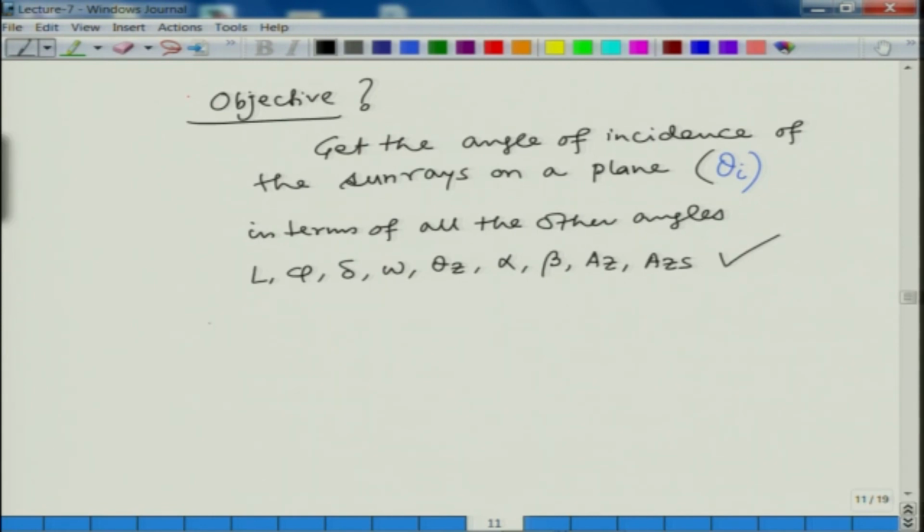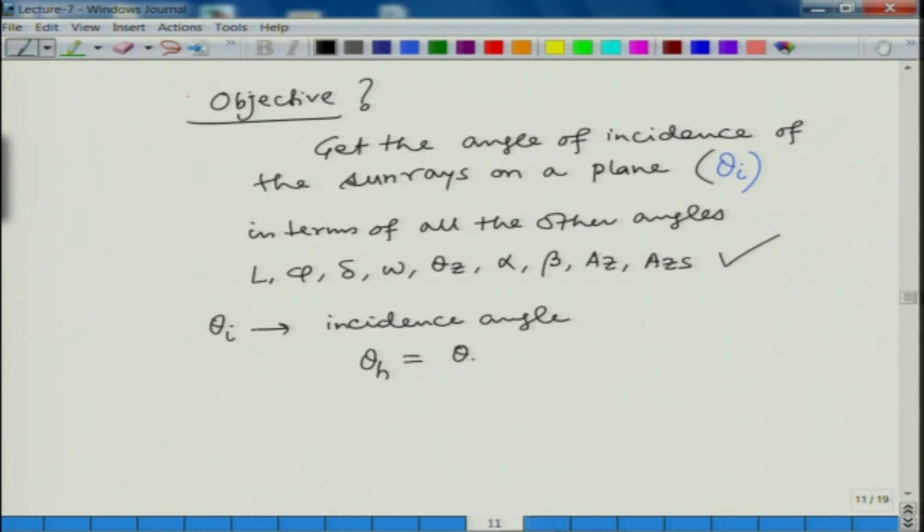Now, whenever we call theta I, this is the incidence angle or angle of incidence, whatever you want to call it, but it can be theta h as well. Whenever we talk about the horizontal position of the collector, theta h is equal to theta I for the horizontal plane.